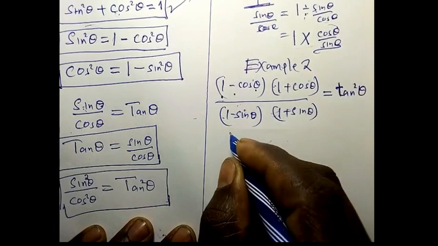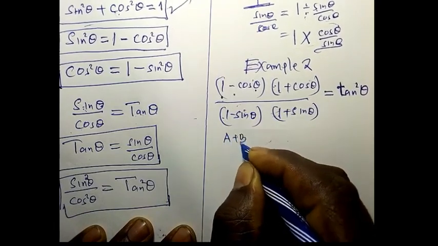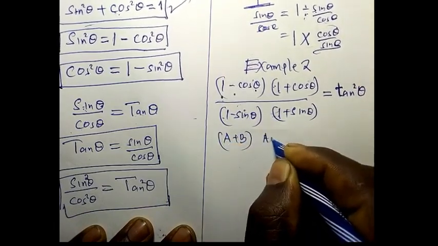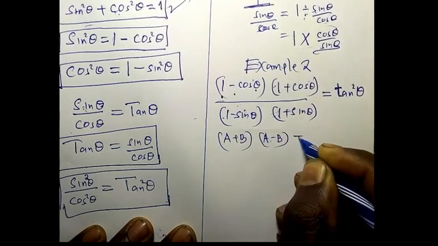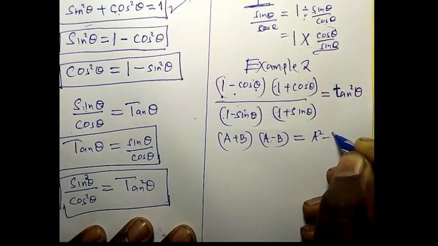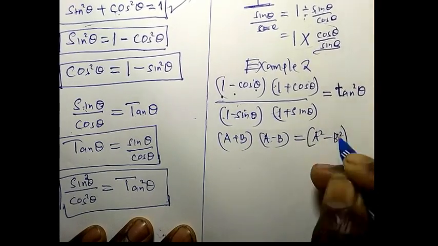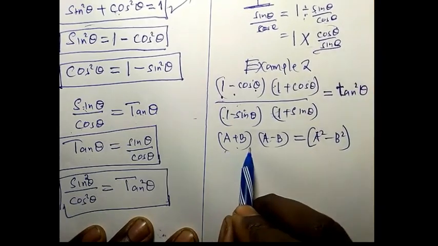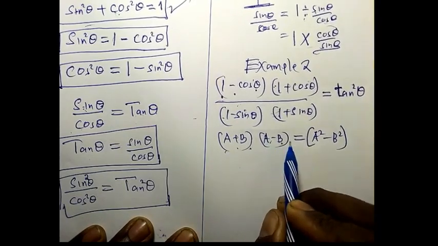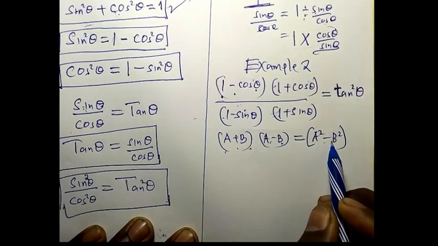Remember in form 2 we learned that a plus b, a minus b is simply a square minus b square.